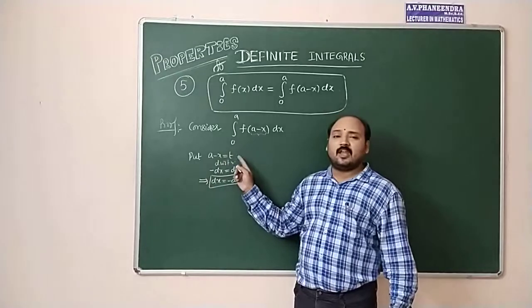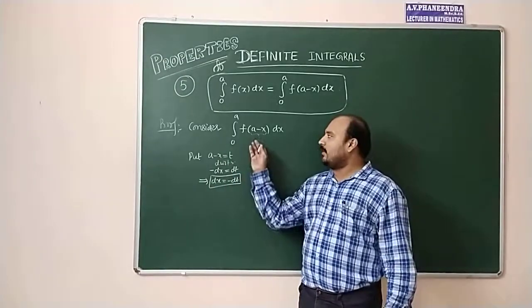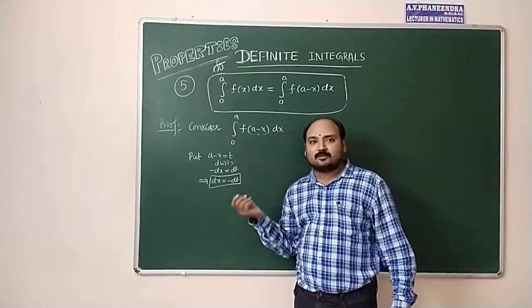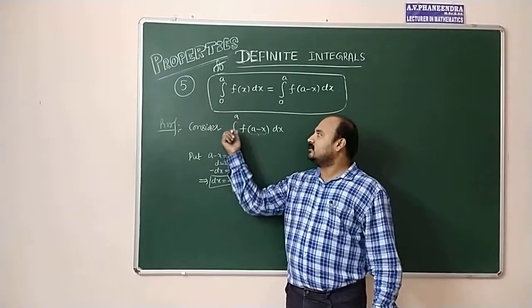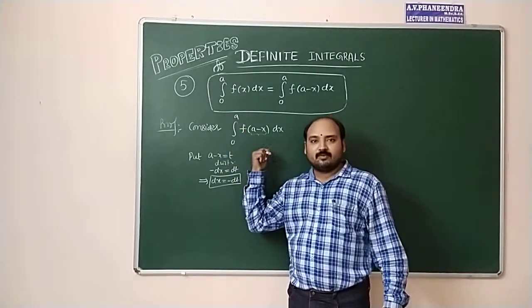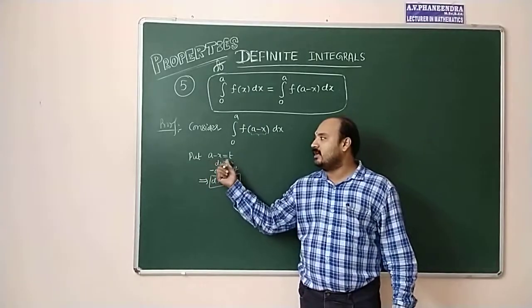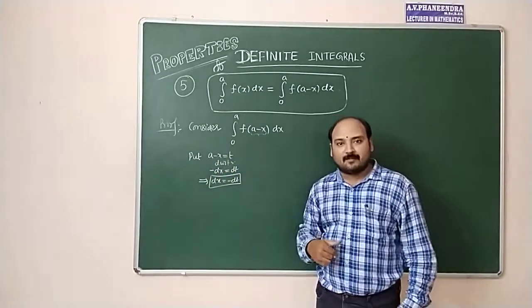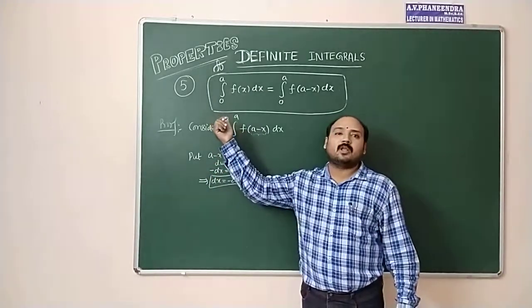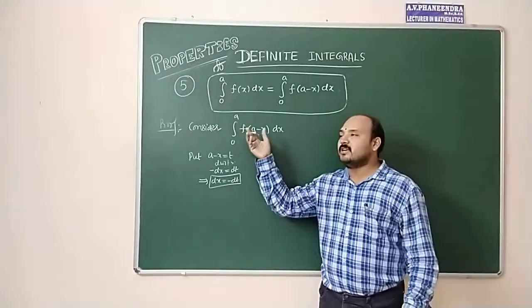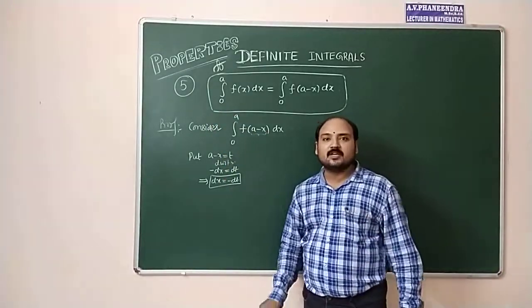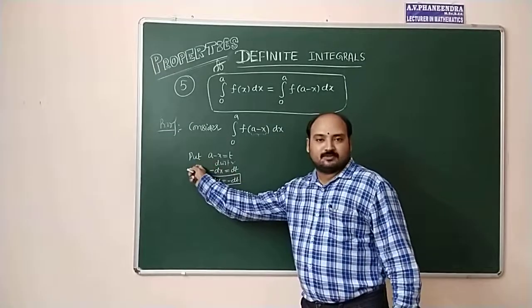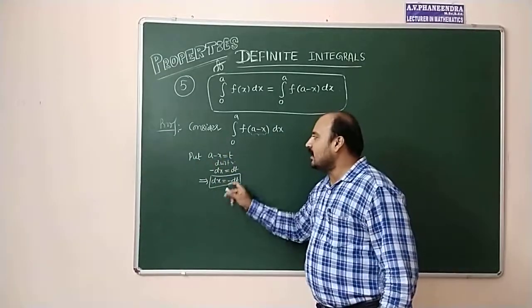When we assume x in terms of t or y, the value automatically changes, no? So the limits given in terms of x are not applicable in terms of t or y. Sometimes the same limits will come, but not for all functions. So be careful while taking the assumption.